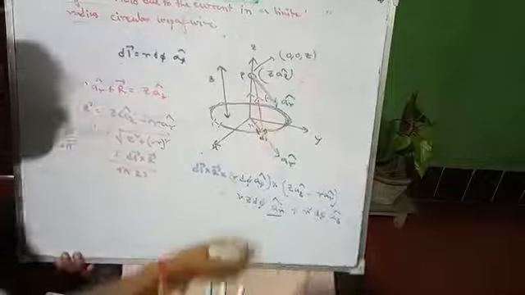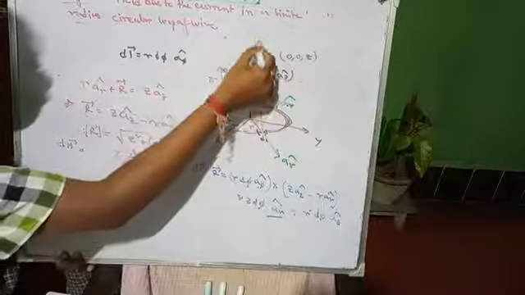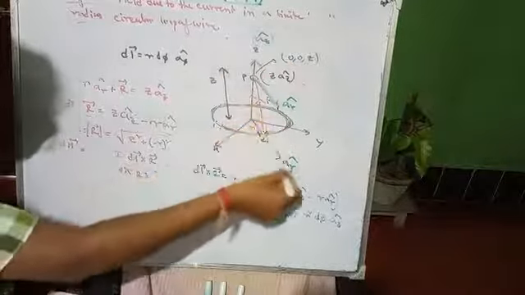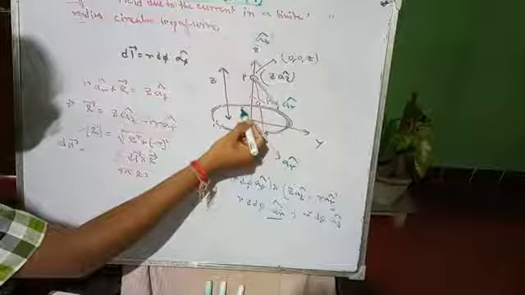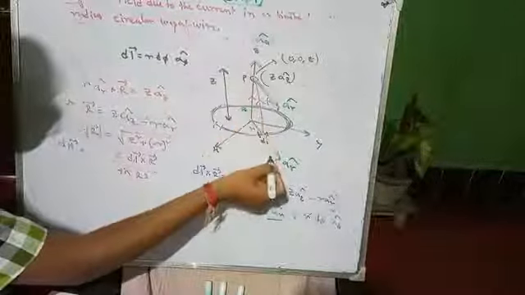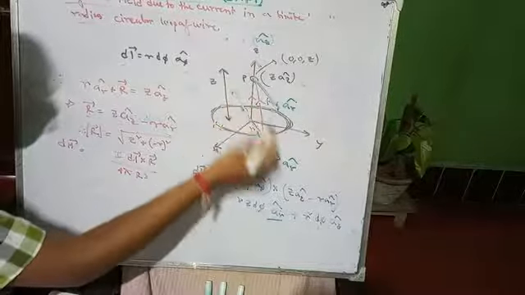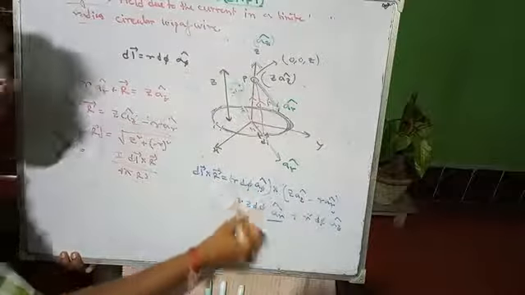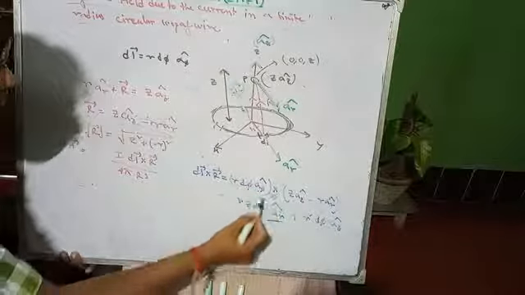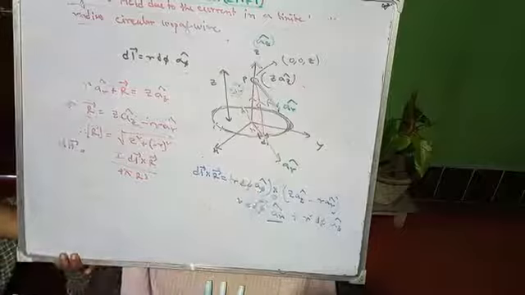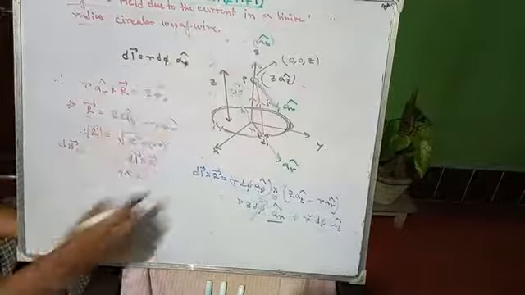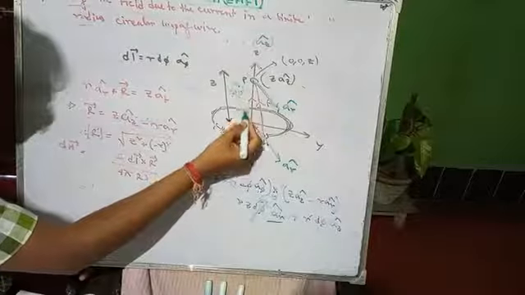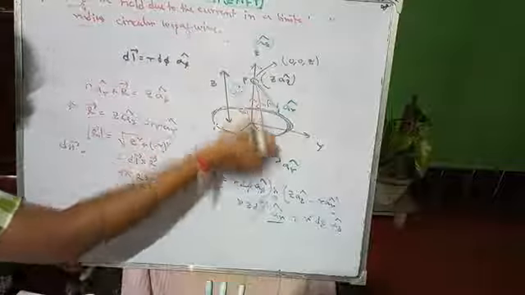And what is a_Z cap? This direction is nothing but your a_Z cap. Okay. But if we consider another dl over here, exactly opposite, a negative a_R cap will be there. So this a_R cap component will be 0 over here. So the a_R cap components will cancel out themselves. If we consider dl over here and another dl over here, then they cancel out themselves.